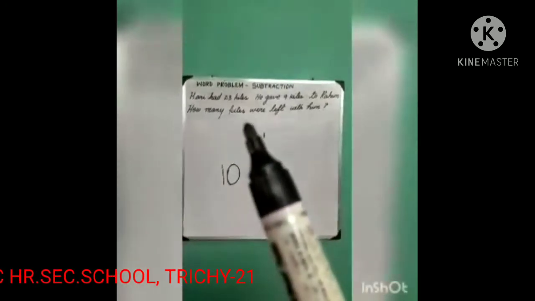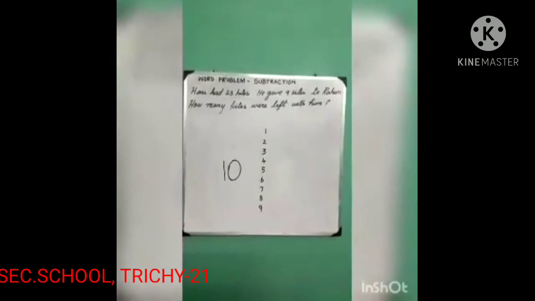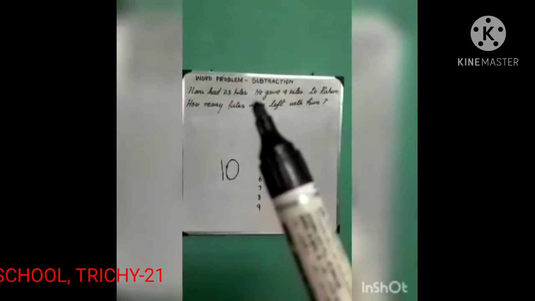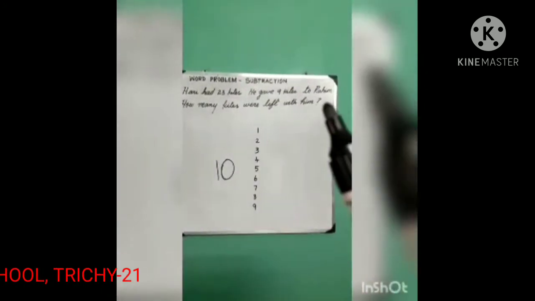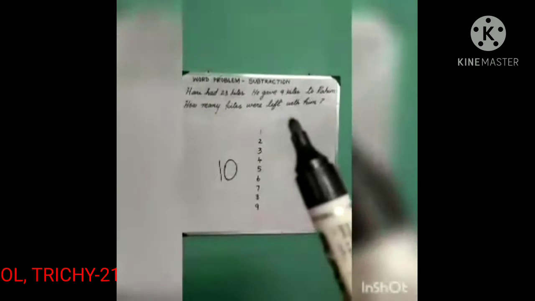How many kites were left with him? This is a question for you. Hari had 23 kites. He gave 9 kites to Rahim. How many kites were left with him?